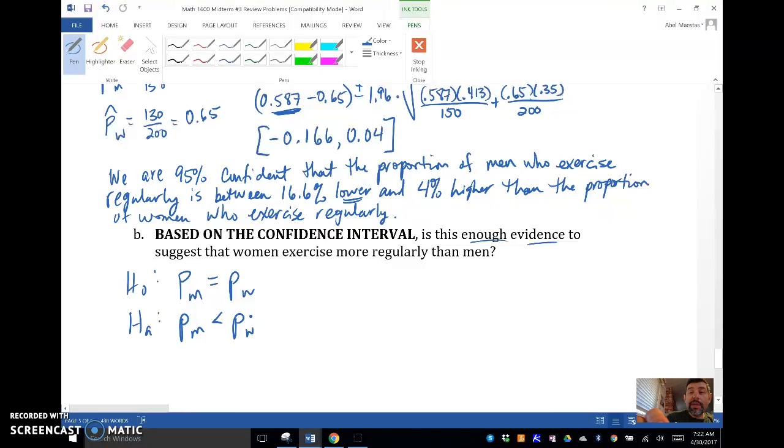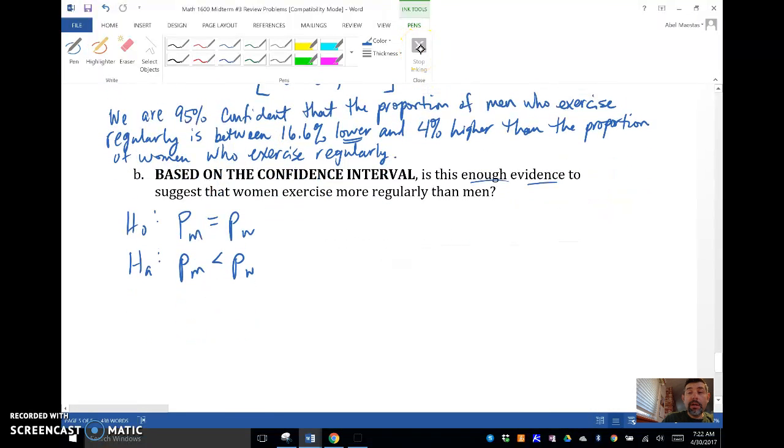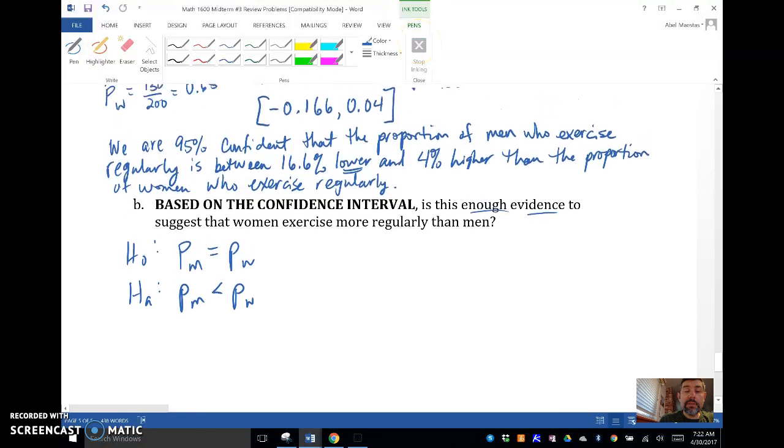So now that we have that down, I'm not going to have you write the conditions for inference. We're going to say that they've been met, and they have been met. The question is, based on our confidence interval that we got from the top here, can we say that the proportion of males is less than the proportion of females? Well, the conclusion is no, we cannot.